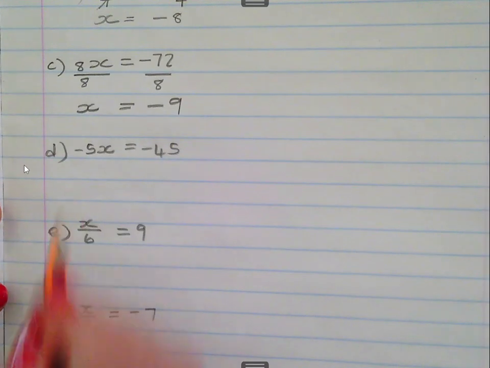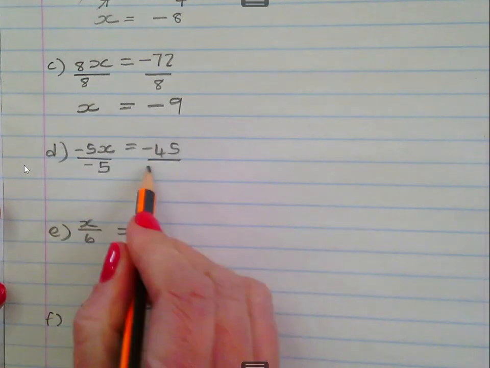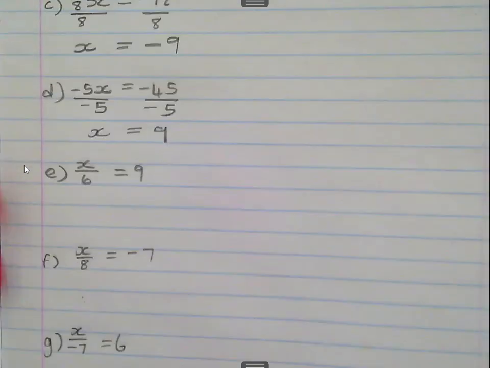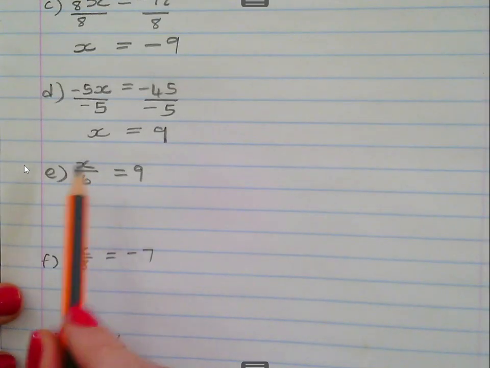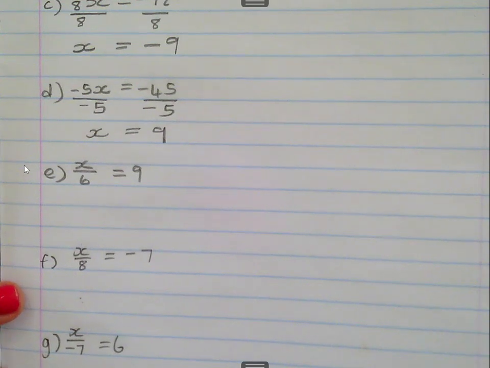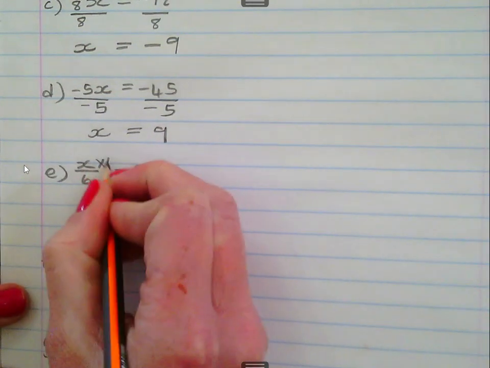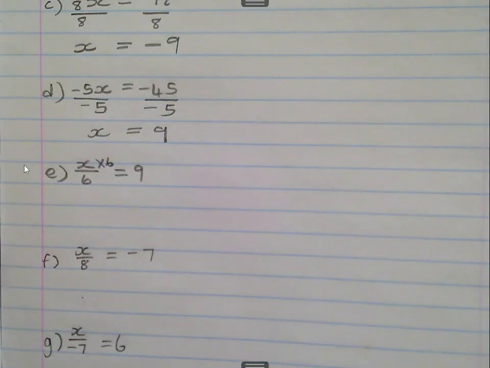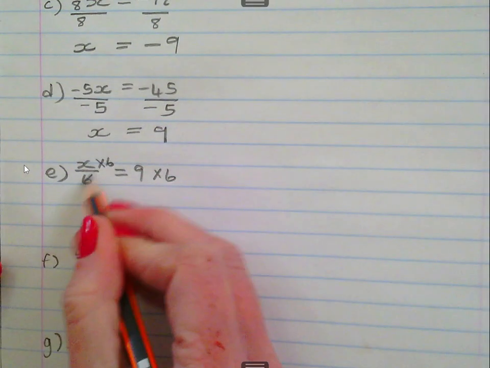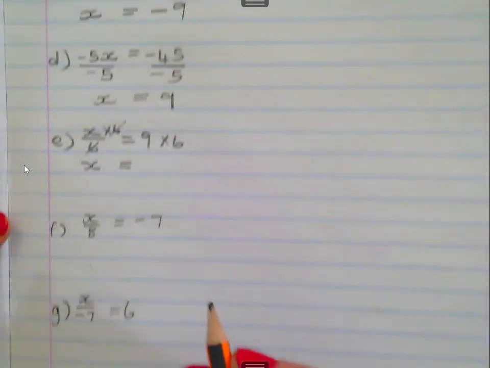D? Good job. Okay. E, now we don't have the number next to it. No? We have it underneath it. Okay, so what did you do to get x alone here? Times 6, very good. And now the scale is tipping. What must I do? Very good. Here the 6's will cancel, no? And then I'm left with x, and then what's your answer on the other side? 54, very good.